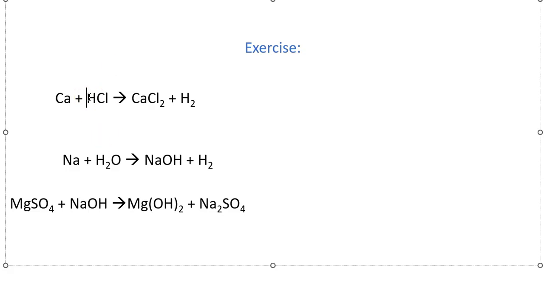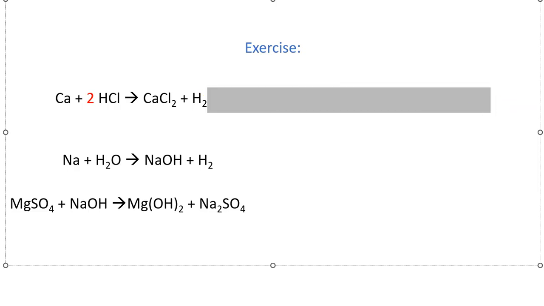What I need to do now is to increase my H's on the left by using a coefficient. Ca balances, H balances, Cl is left. 1 Cl in HCl, but I've got 2 HCl, that's 2. It balances. And my completed equation would be here.